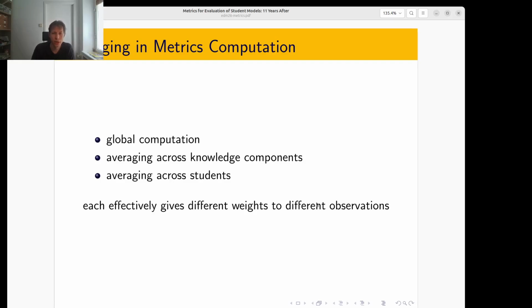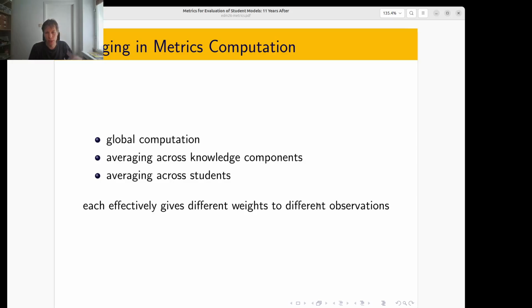Concerning averaging, the discussion so far concerned global computation of the metrics, but in student modeling, the data have some structure. We have students who are answering items divided into some knowledge components. And the basic computation of performance metrics just ignores this structure and treats all predictions and observations as the same.